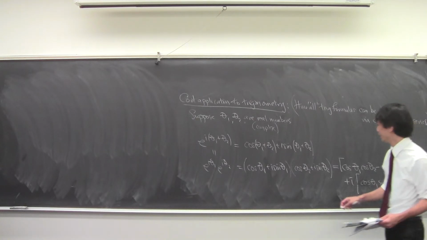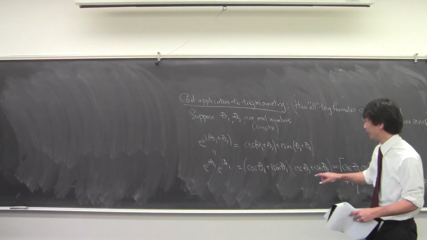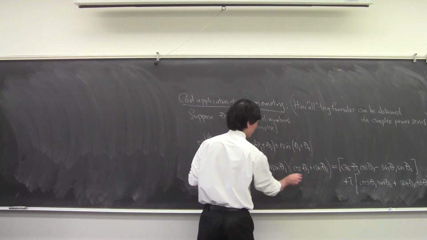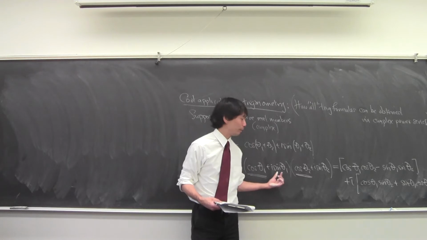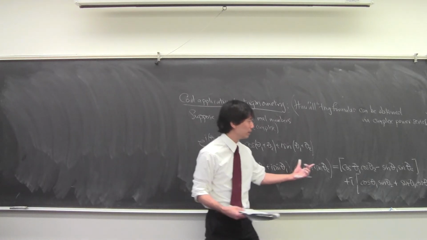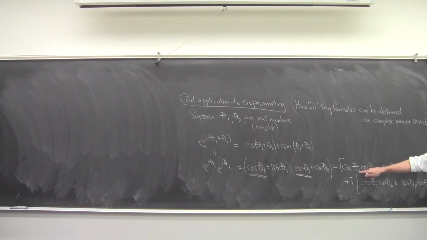Right, because you get cosine theta 1 cosine theta 2 minus sine theta 1 sine theta 2, since when the i's multiply, you get a minus. This should sound kind of familiar. What's the imaginary part of this number? It's going to be cosine of the first times sine of the second, plus cosine of the second times sine of the first.